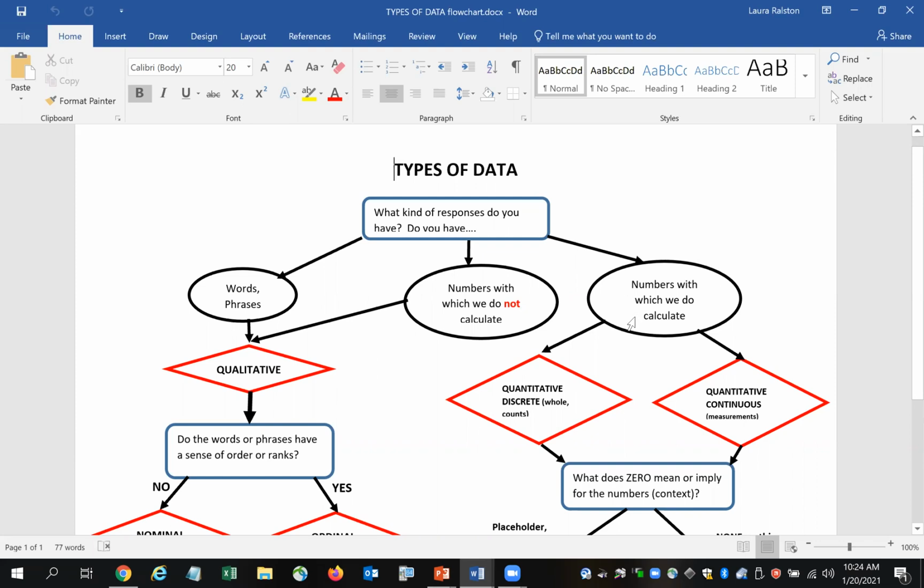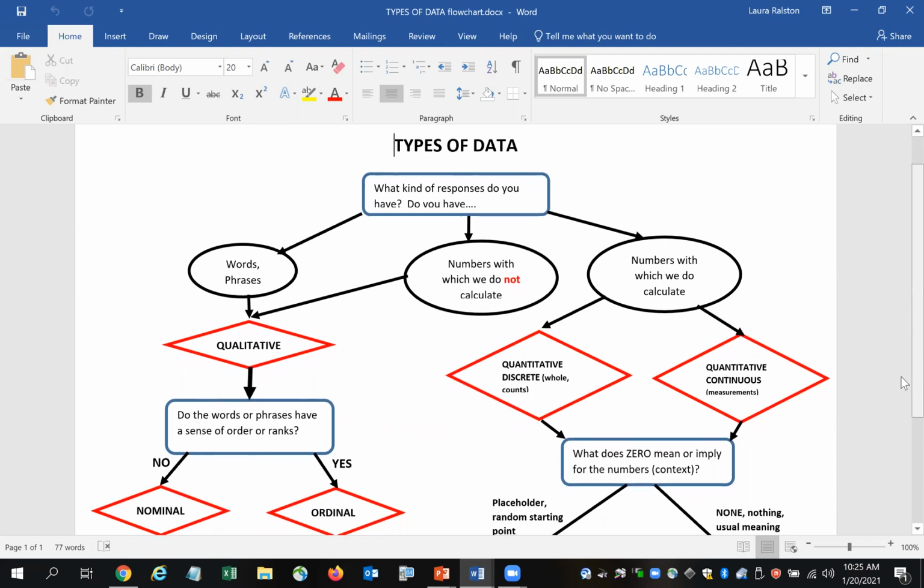So that gets me over here to this third option on my flow chart. And so then I know it's either going to be quantitative discrete or quantitative continuous. Weights are a measurement, and I could get a decimal or a fraction, which makes it quantitative continuous.